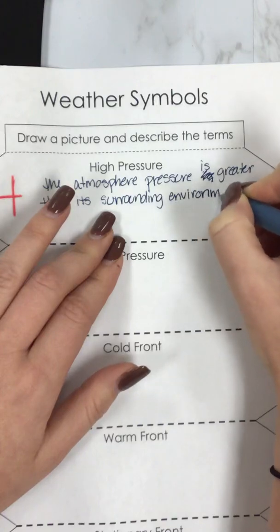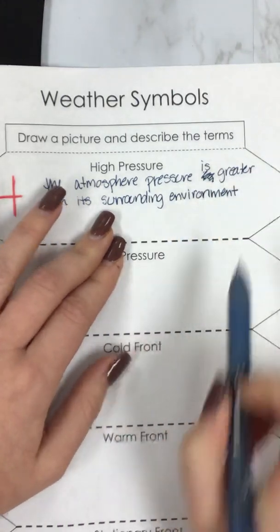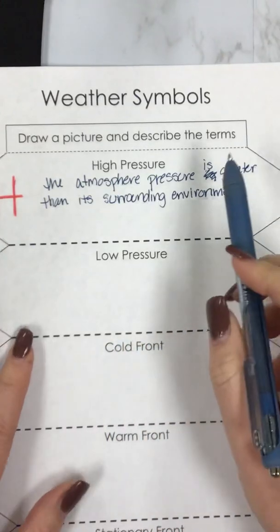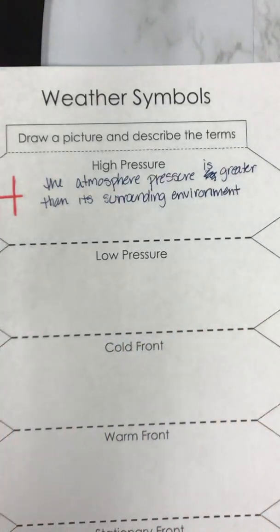Okay, so what a high pressure system means is that we have a massive air that's coming through the area that has greater pressure than what is normally there or was there before.